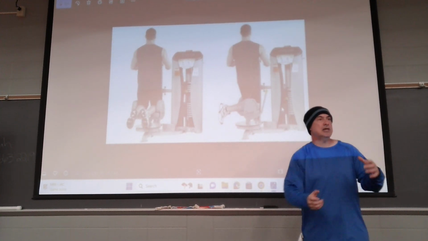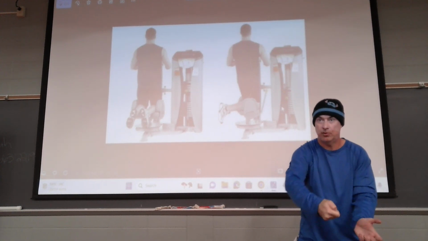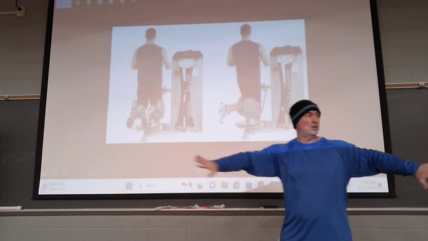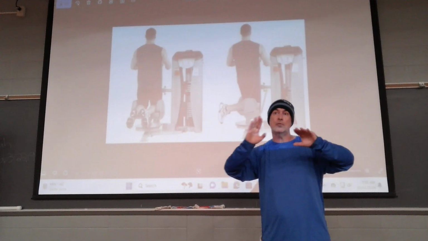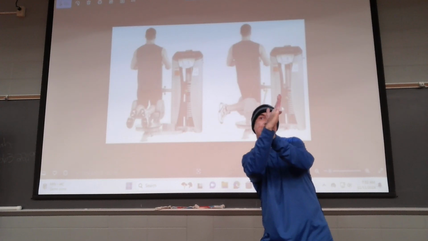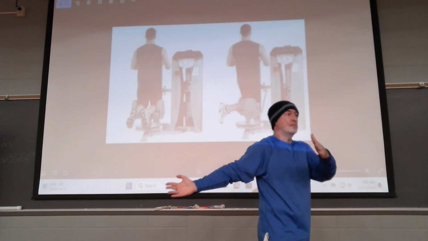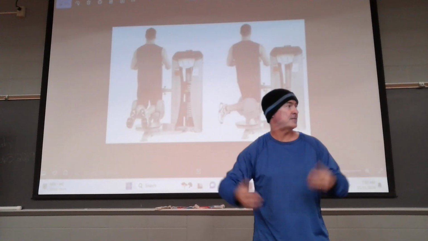What's cool about this machine is you can reassess where you want to start and where you want to finish. But make no mistake, this is a version of those windshield wiper exercises, except in the machine we don't have to worry about gravity trying to do this on one side and that on the other. You can set the machine to make you do the whole range of motion. That's why this is advantageous.